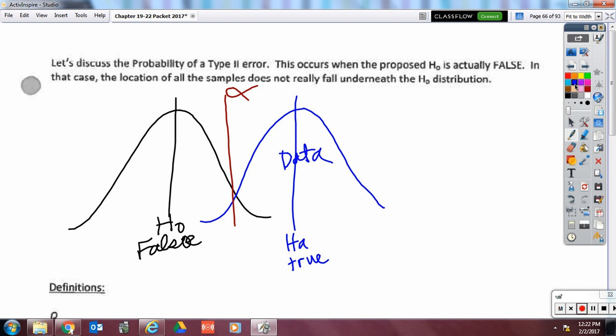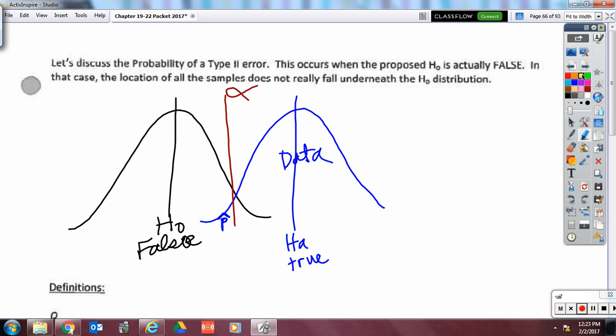Ah, on the left side of alpha. Gotcha. Okay, here on the left side of alpha. So right there is where a type 2 error would occur, because that would make me fail to reject a false null hypothesis, which is type 2 error.